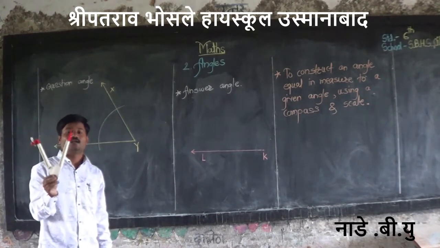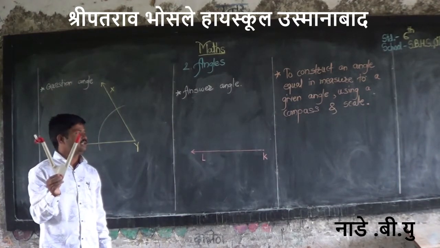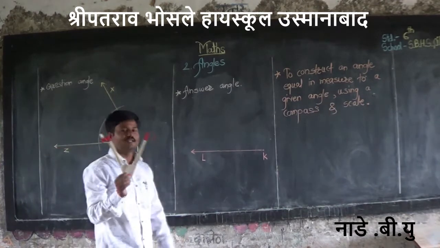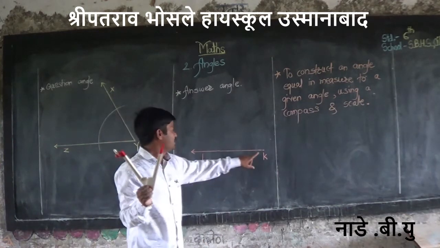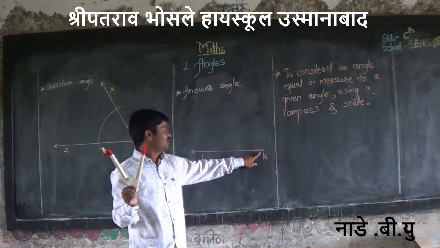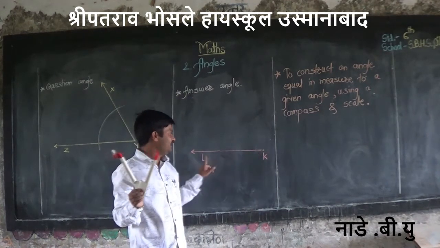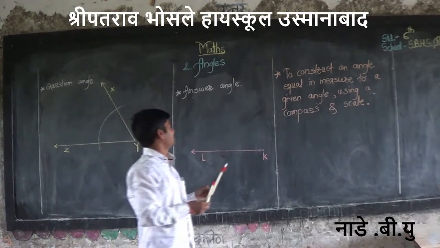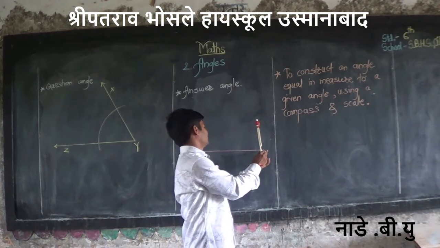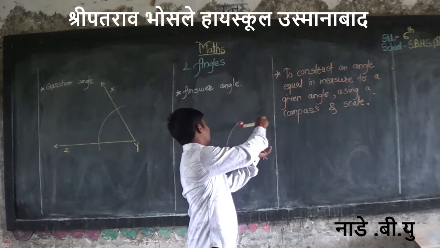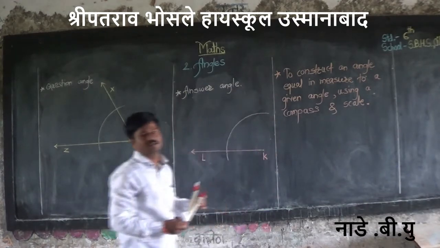Keep care not to change the distance. Using the same distance, place the metal end of the compass on the origin point K of ray KL, which is one side of our answer angle, and draw an arc.